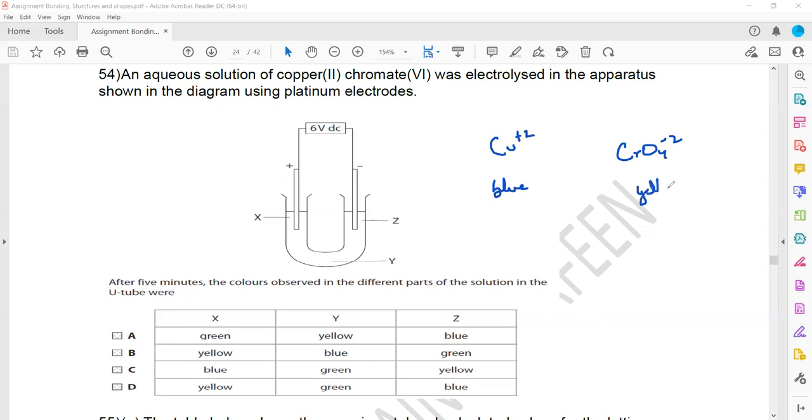Chromate is yellow in color. And copper chromate, what is the appearance of CuCrO4? That is a green substance, a green compound.